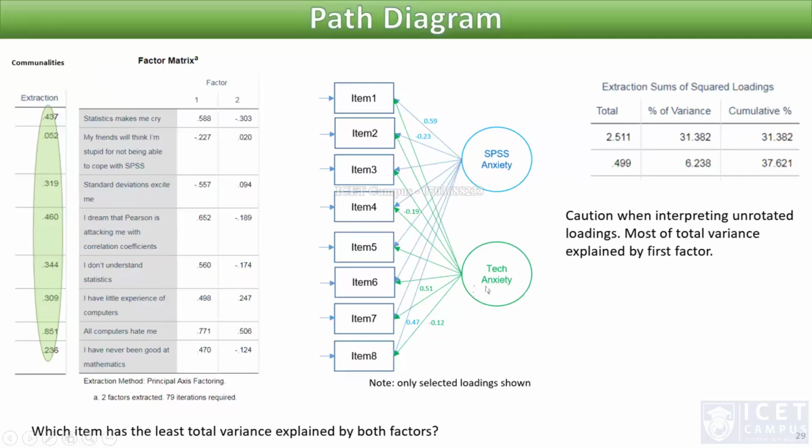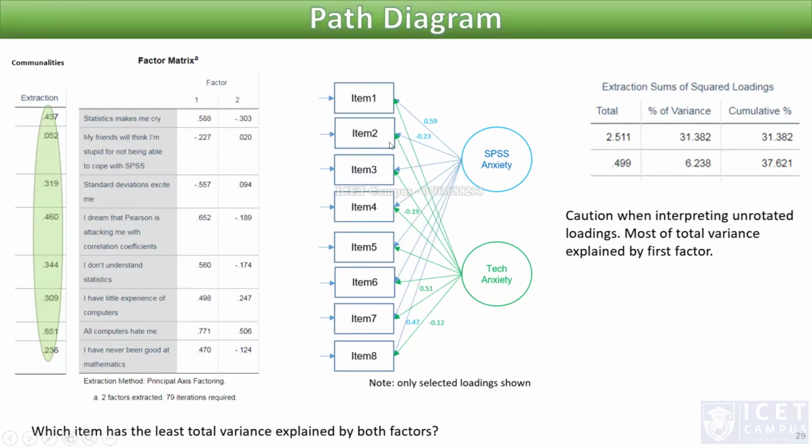Those are the two factors actually. You can see here this is 0.59 for SPSS anxiety. So these values, factor 1, 0.59, 0.23, 0.57, are the factor loadings. And if we consider the tech anxiety, the loadings are there: negative 0.12, negative 0.51.